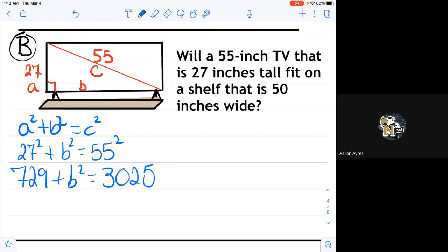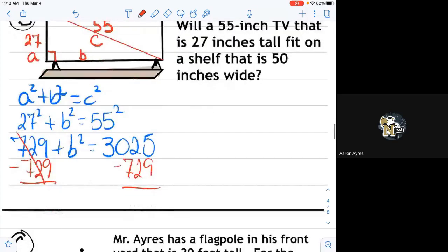All right. So far, so good? Now subtract your 729 from each side. Here, and there. Those cancel out. I get b squared. We're going to go up here just so we have a little bit more room to finish up. We got b squared equals what? 2,026.